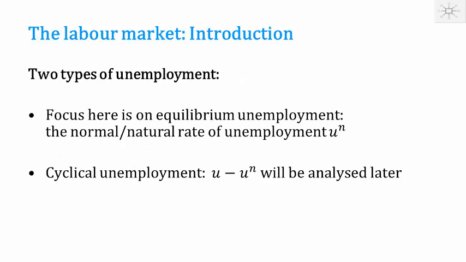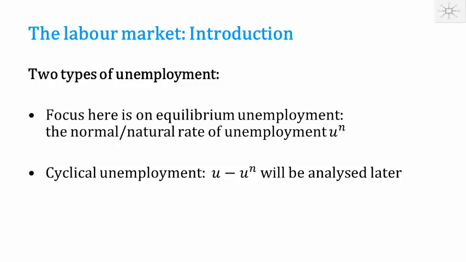Before we start, we should note that there are two types of unemployment. The focus in this chapter is on the equilibrium level of unemployment, or you could think of it as the normal rate of unemployment. Economists use the word the natural rate of unemployment for the unemployment that you normally tend to have.